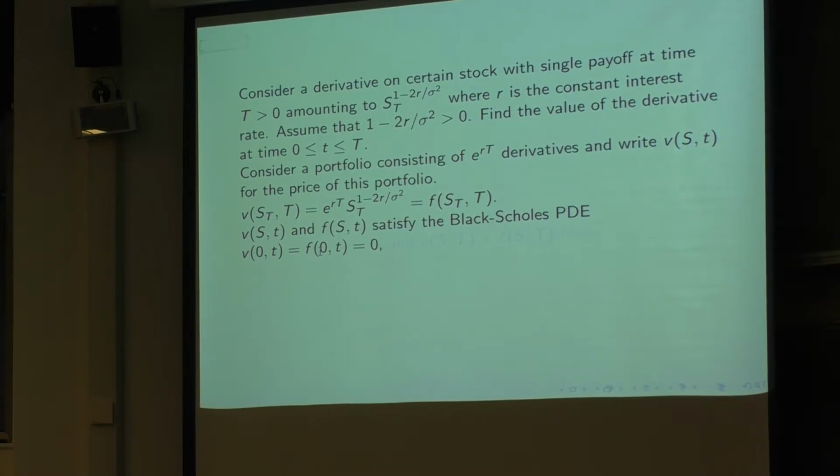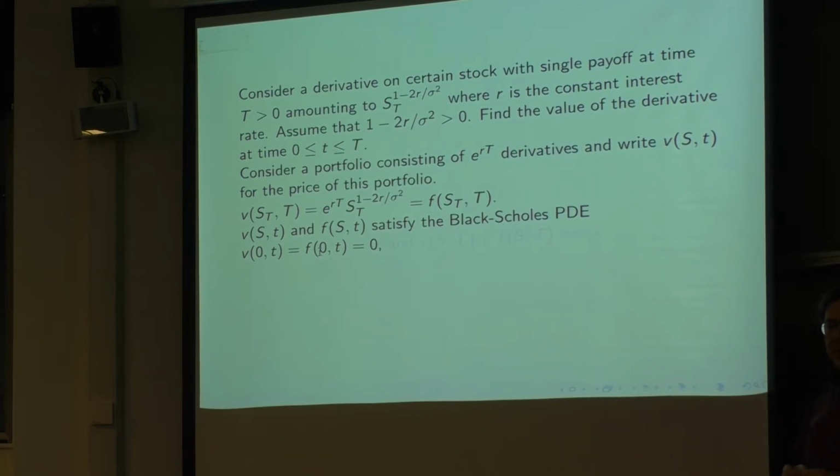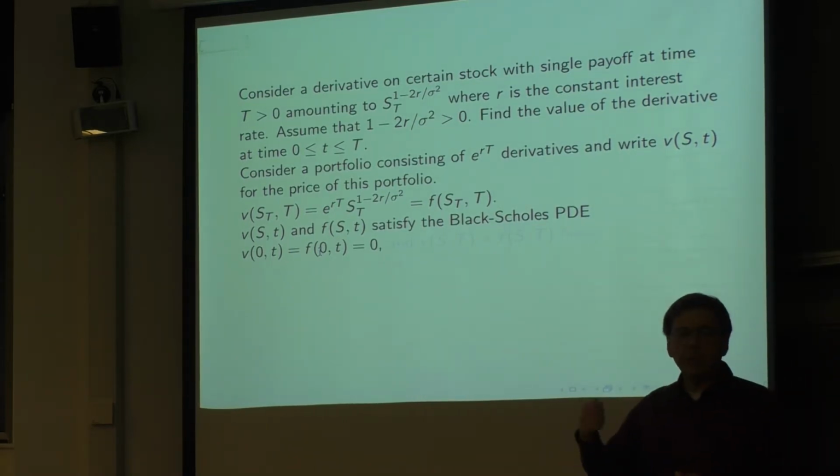Now, I did a calculation, and I showed you that f satisfies the Black-Scholes partial differential equation. How can I claim that V satisfies the Black-Scholes partial differential equation? Because what is the Black-Scholes partial differential equation? It's a partial differential equation which is satisfied by the price of any derivative.